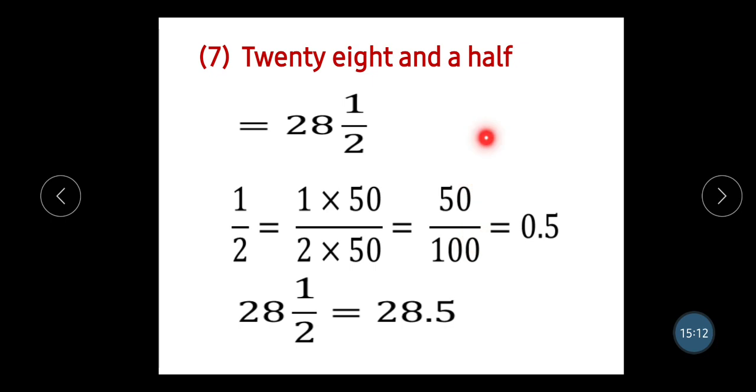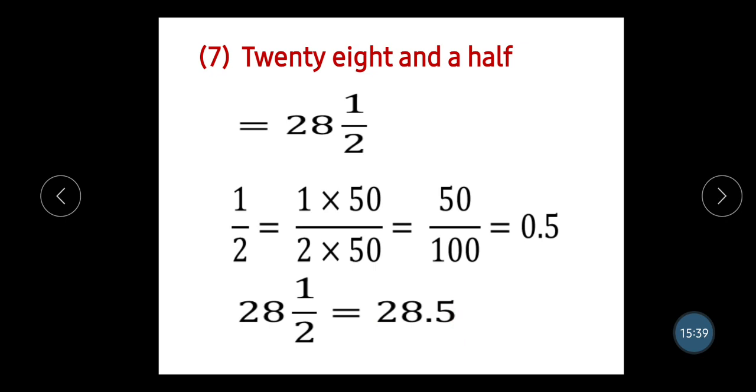Here 1 zero gets cancelled, 1 zero gets cancelled. What remains is 5 upon 10. 5 upon 10 is written as 0.5. 28 plus 0.5 we get 28.5. So 28 and a half, that is 28 1 upon 2, in decimal form is written as 28.5. Or you can read it as 28.50 also.